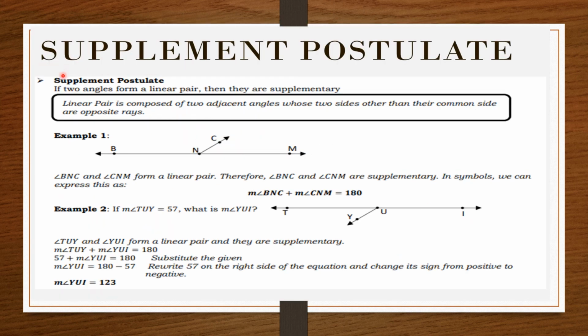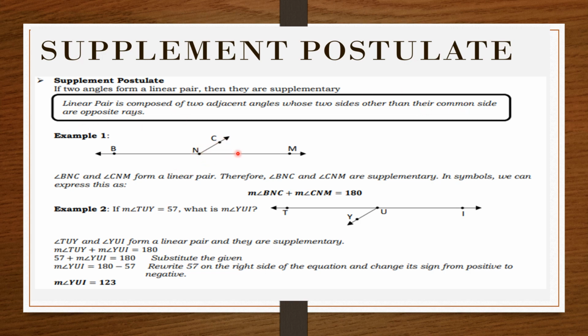Now we talk about the supplement postulate. If two angles form a linear pair, then they are supplementary. What is a linear pair? A linear pair is composed of two adjacent angles whose two sides other than their common side are opposite rays.